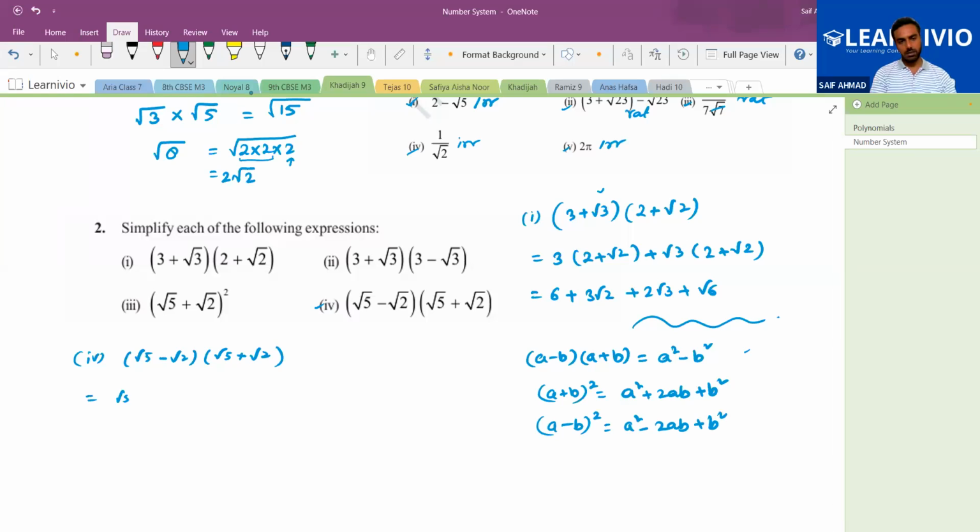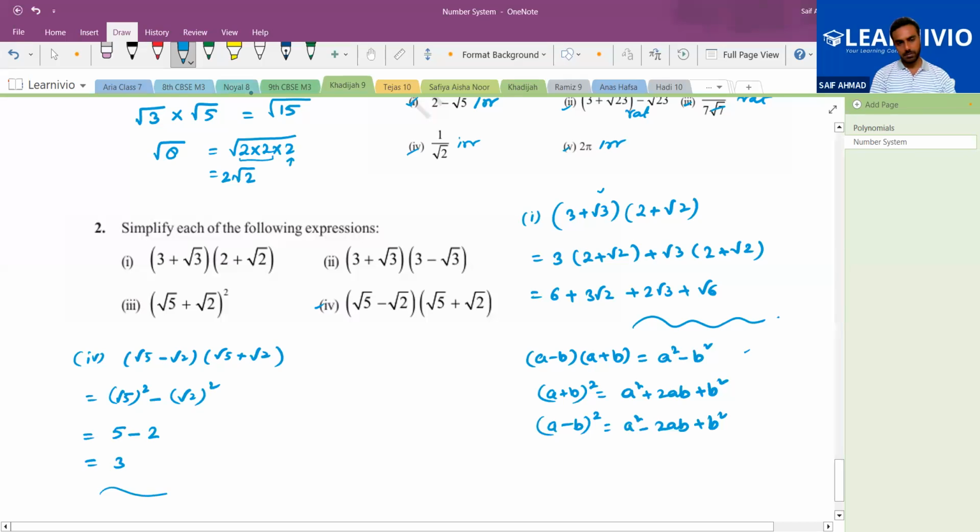So we can write root 5 square minus root 2 square. Root 5 square is 5, you know that? And root 2 square is 2. So 5 minus 2 is 3.